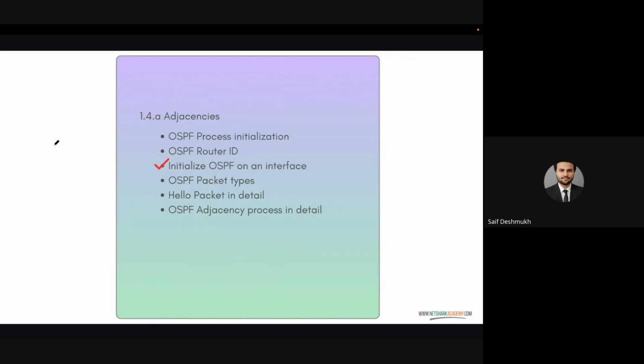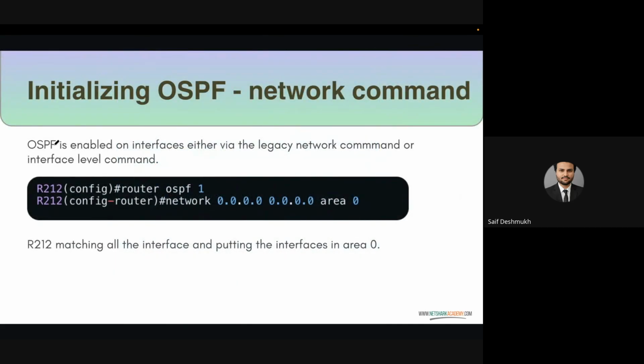Let's talk about how we initialize OSPF on specific interfaces. There are two ways we can initialize OSPF on an interface. The legacy way is the network command, which you use under OSPF. Here I'm matching all the interfaces. I don't care about any of their subnet masks, and area 0.